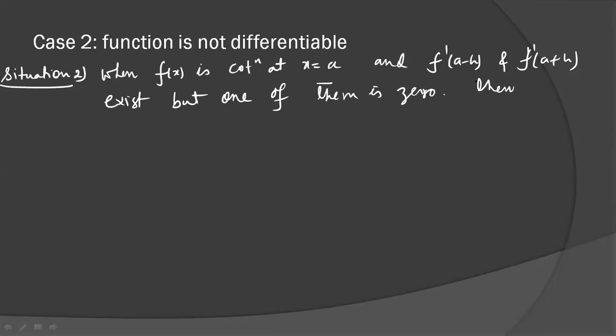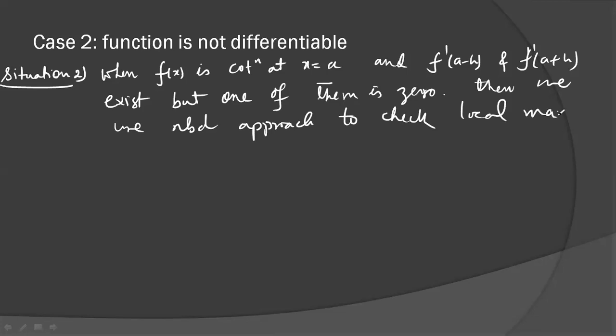Then we use the neighborhood approach to check local maxima or minima. What is the neighborhood approach? I have discussed it in the immediate neighborhood. At x equal to a, if the value at x equal to a is greater than its neighborhoods, a plus h and a minus h, then a is called a point of maxima, and similarly for b, a point of minimum.